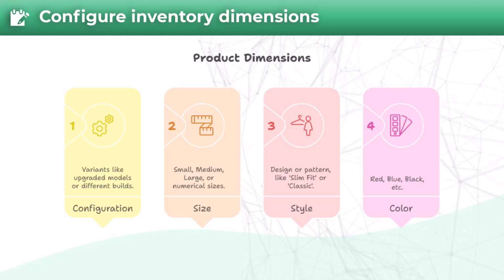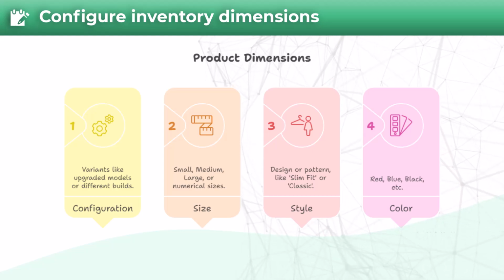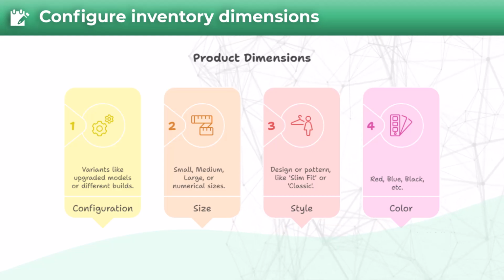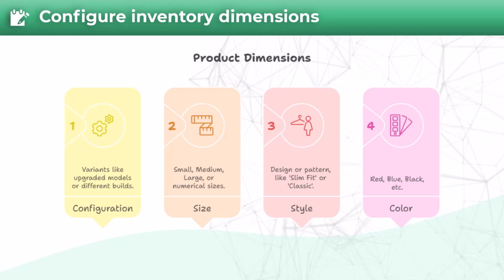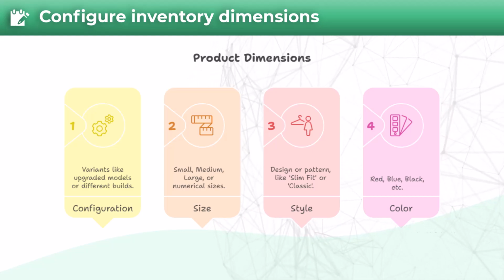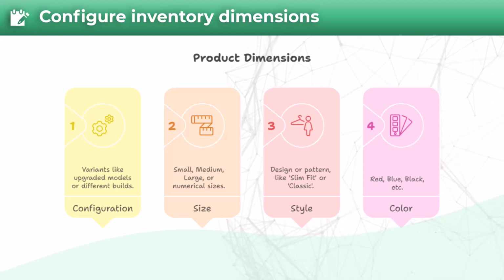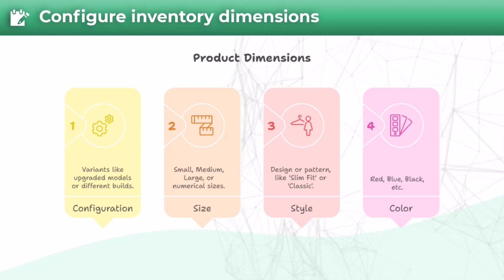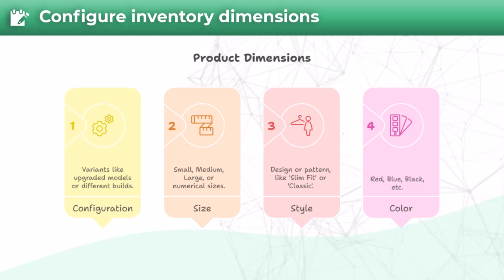There can be size: small, medium, large or numerical size. There can be style, like a design or pattern, like slim fit or classic. So this is the style dimension. Or we can also have color, for example red, blue, black. If there is a shirt, it can be in different colors, so color can be a product dimension.